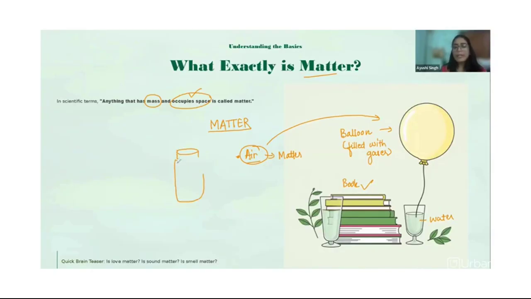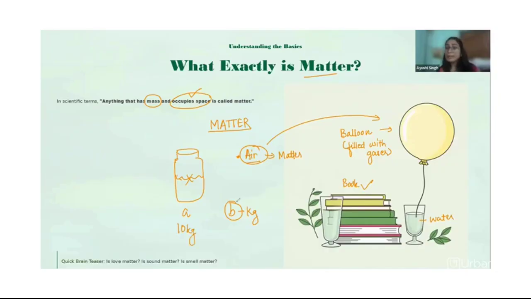If you weigh a cylinder without gases, it might weigh, let's say, 10 kg.